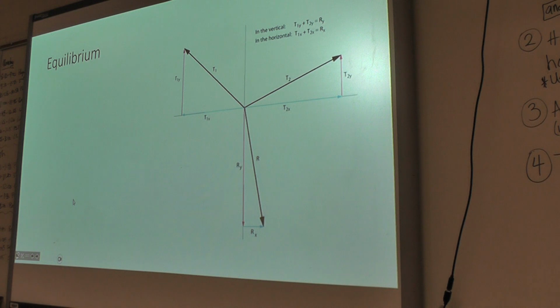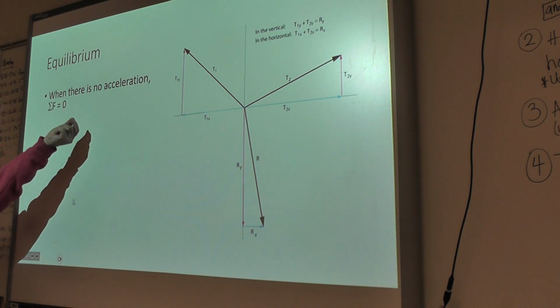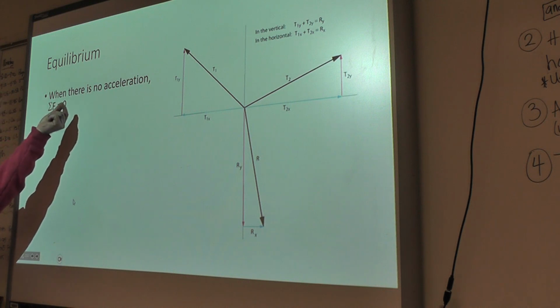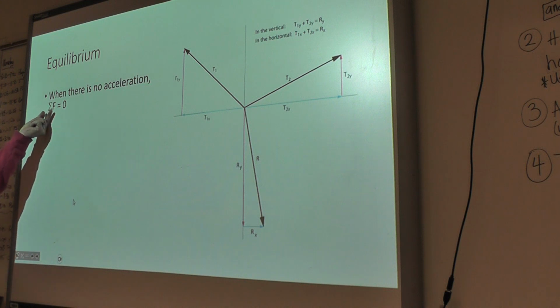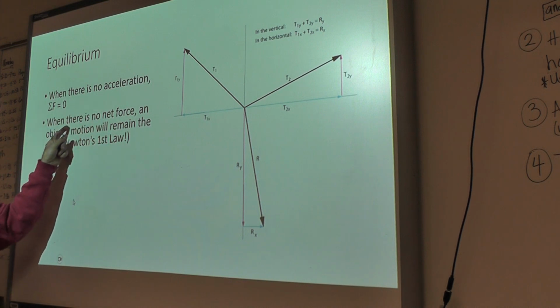Okay? So Newton's second law says the sum of the forces will equal an object's mass times its acceleration. But if there is no acceleration, then acceleration is zero, which means mass times acceleration is zero, which means the sum of the forces on an object will be zero, which means that all of those forces balance out and the object's motion won't change.